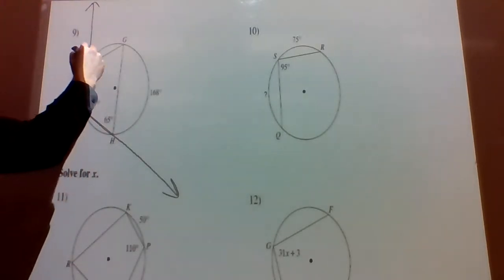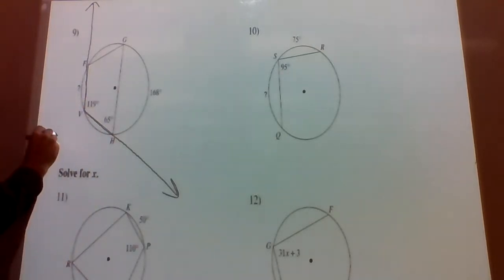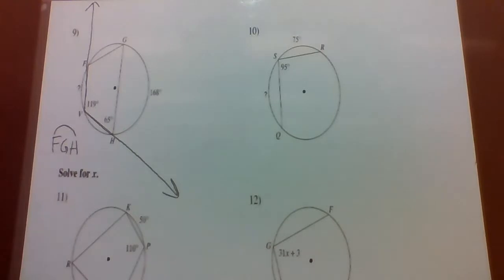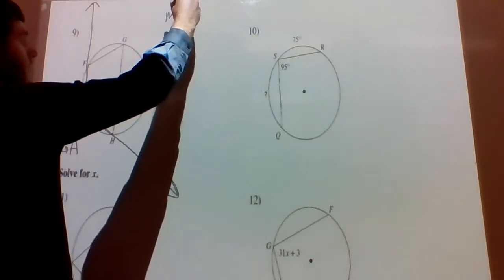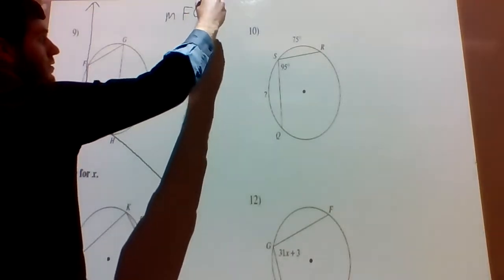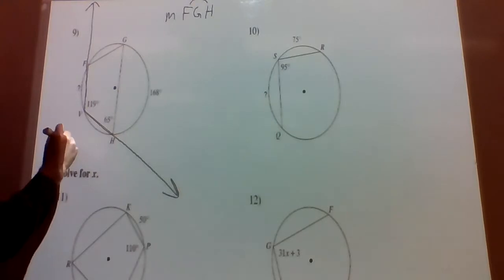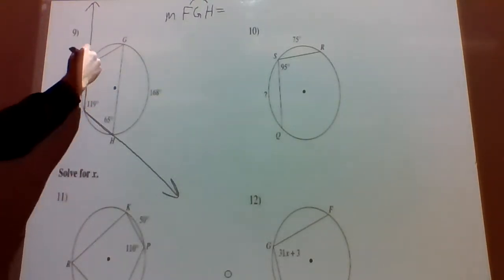So we know this is going to be major arc FGH. Let me write it here, measure of arc FGH. That is going to be our intercepted arc. So that's this arc right here.